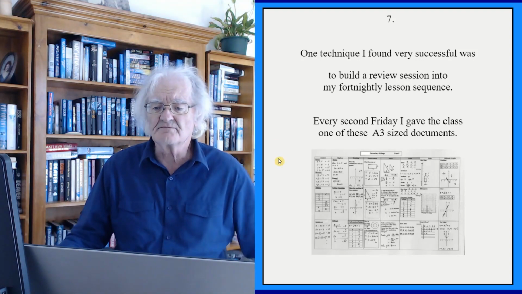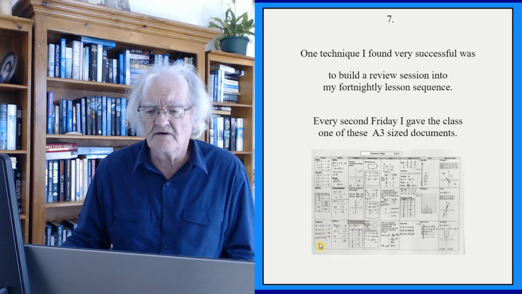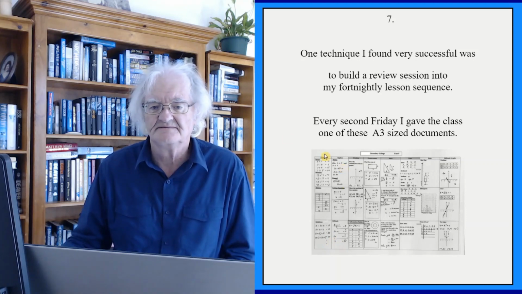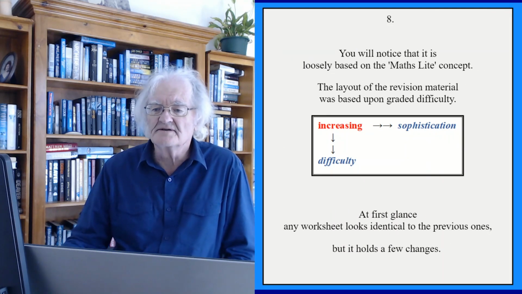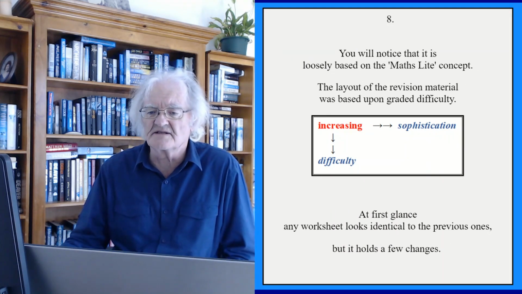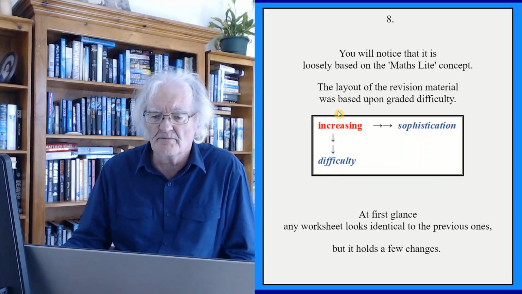You can see the columns. Each column holds similar material. You'll notice that it's loosely based on the Maths Lite concept. The layout of the revision material is also based upon graded difficulty. So as you go vertically on the worksheet, the problems become more difficult while being of a similar content.